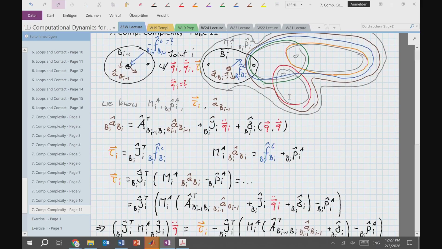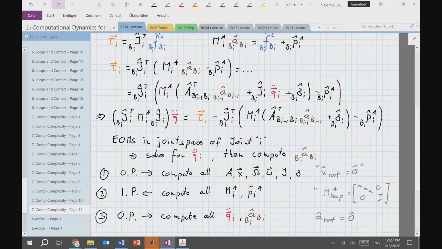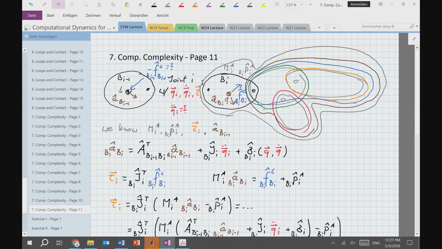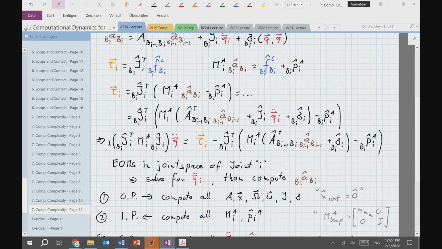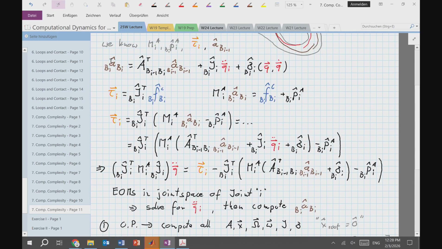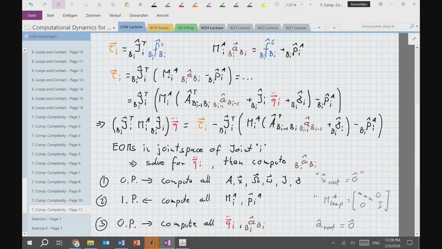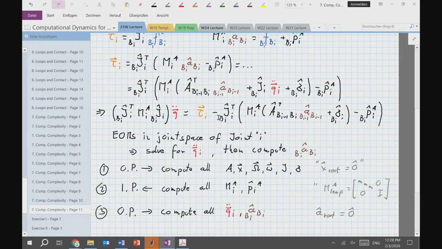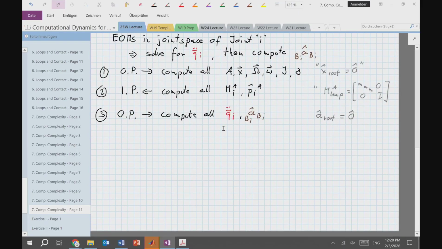So it's an outward pass, and it's also order n, because in every step in the process, I go there joint by joint, and for each joint, I have to solve this equation, which is at max 6 by 6, and then I have to solve this equation, which is at max 6 by 6. So it's independent of how many other joints there are. So for each joint, I have something constant in time. Overall, this algorithm is order n squared.